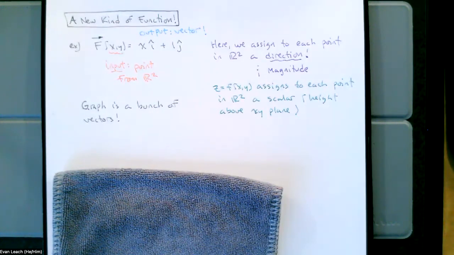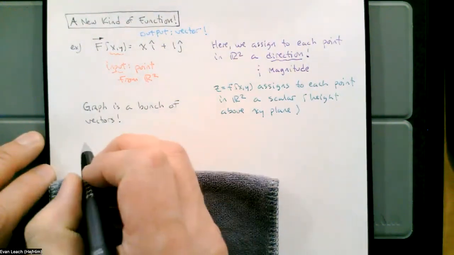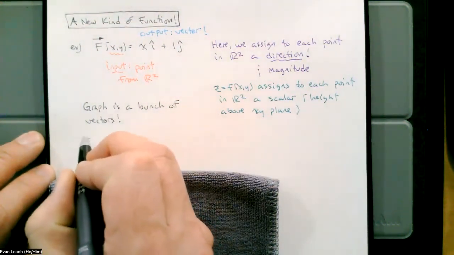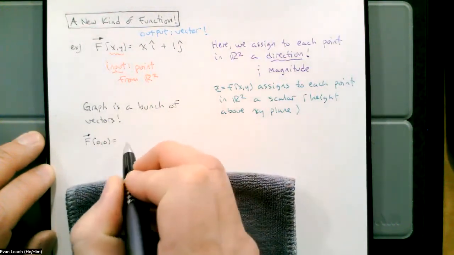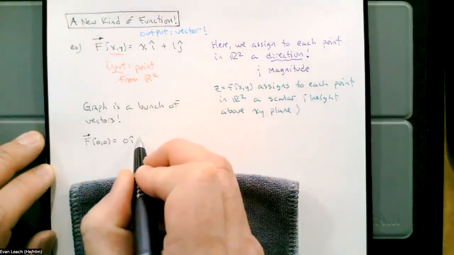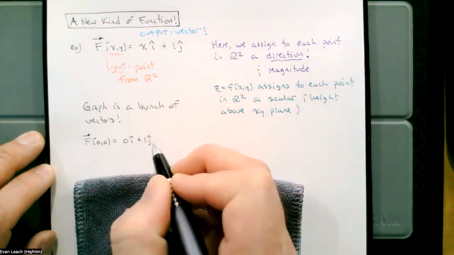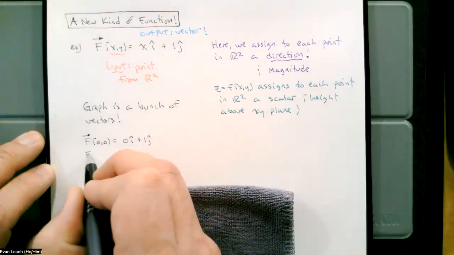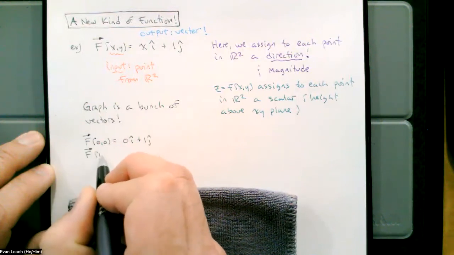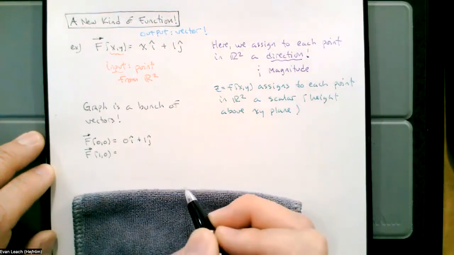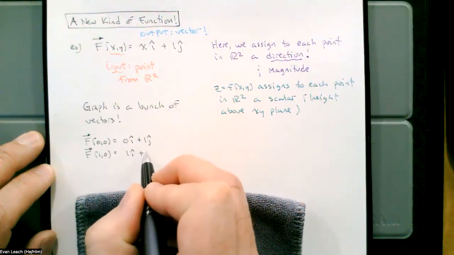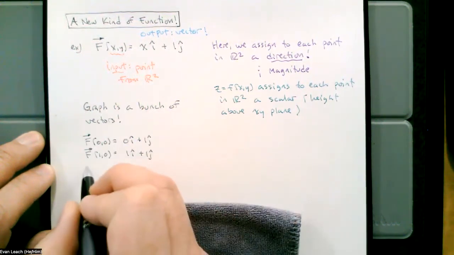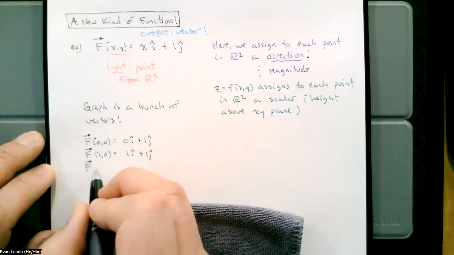But to each point in R2, we can figure out what the vector looks like. So if I want the graph of f of 0, 0, that'll be 0i plus 1j. Cruising along the x-axis, f of 1, 0 is 1i plus 1j.